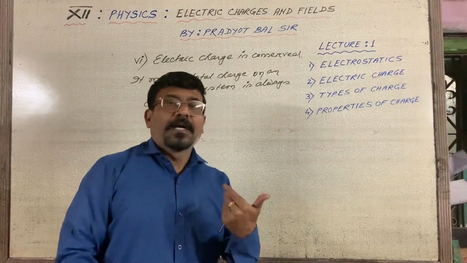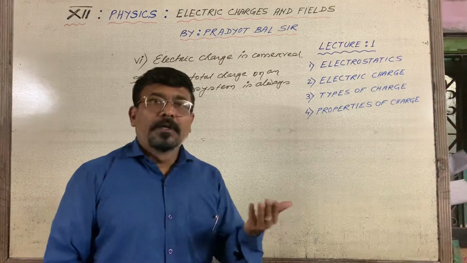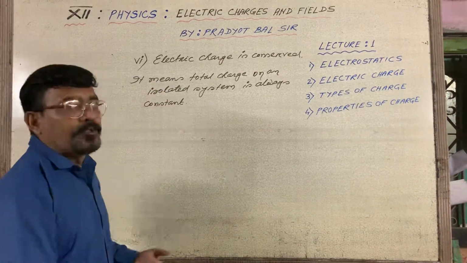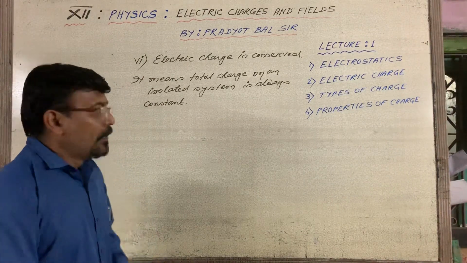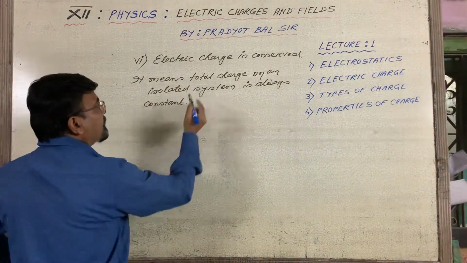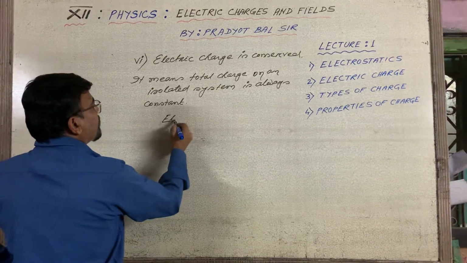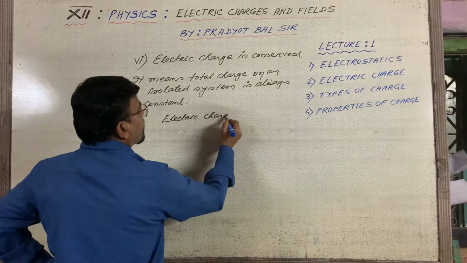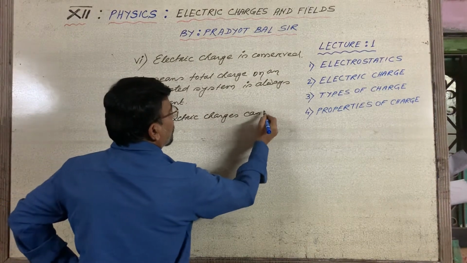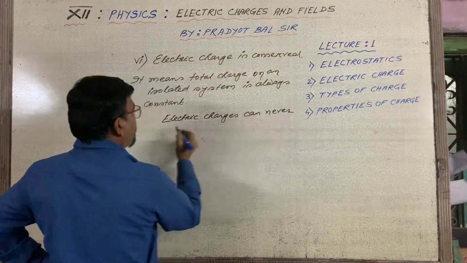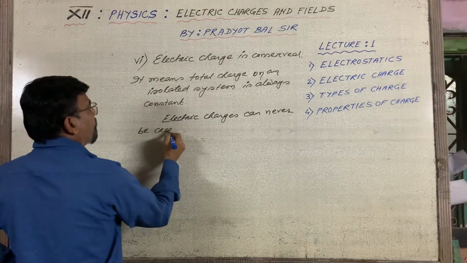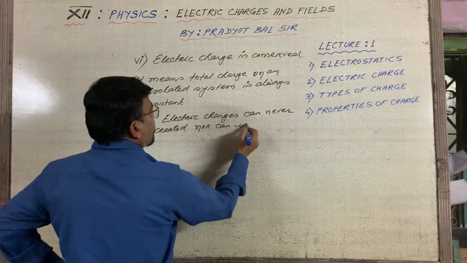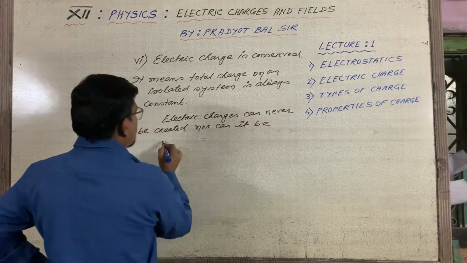In my second lecture, when I discuss production of charges, this point will be clarified. You must know, conserved actually means electric charges can never be created, nor can they be destroyed.